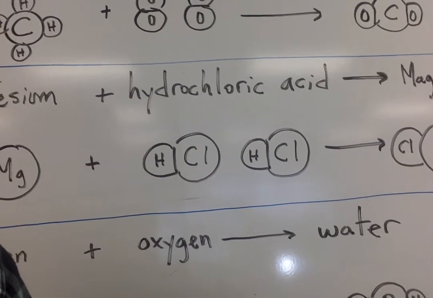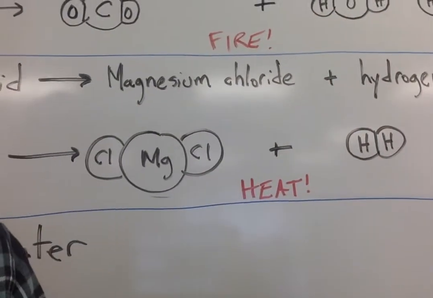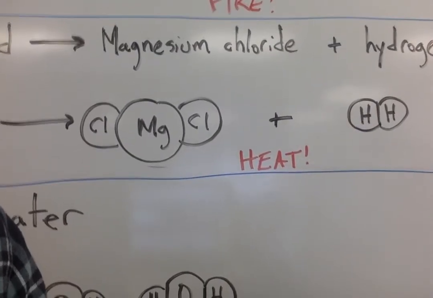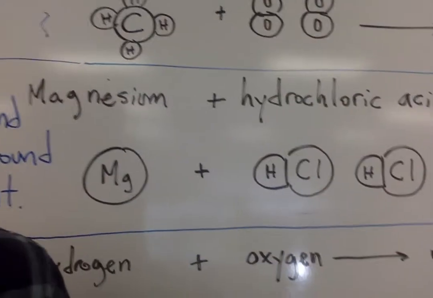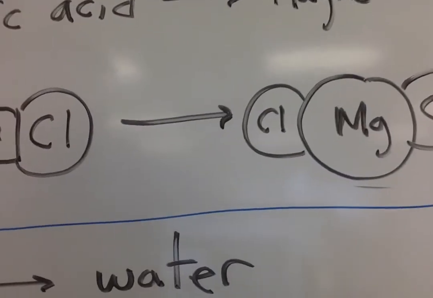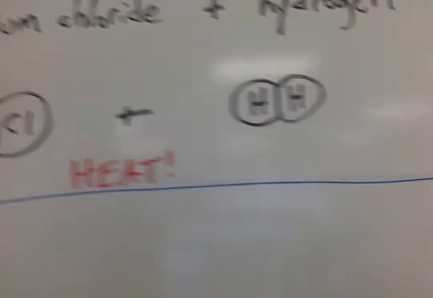This is HCl, hydrochloric acid. We're making magnesium chloride, MgCl2, right? Hey, look at that. 2 chloride ions. And hydrogen's being released. And again, magnesium and hydrochloric acid react to make magnesium chloride and hydrogen gas.